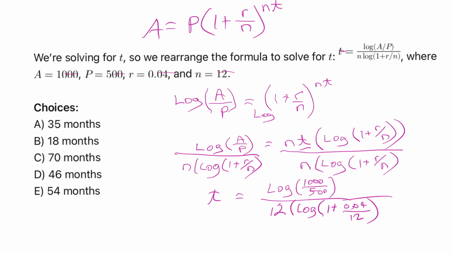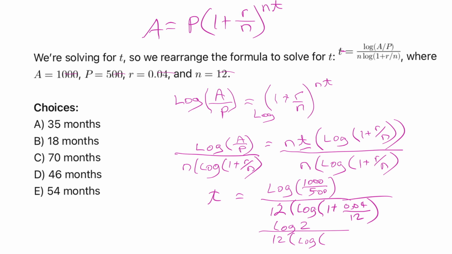And this is going to give me the T. So we'll put this in. This is going to become in the top log of 2 divided by, and here I've got the 12 log of 0.04 divided by 12 plus 1. So let's get that number.